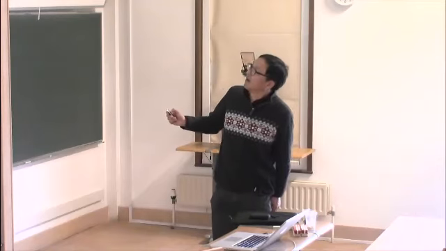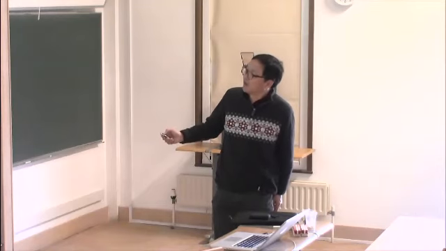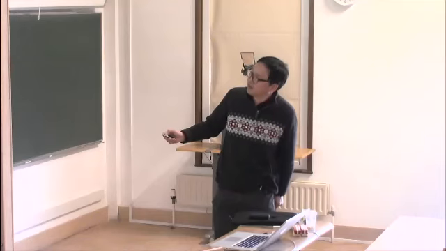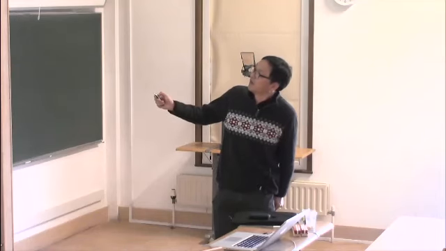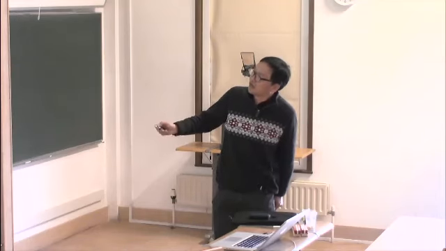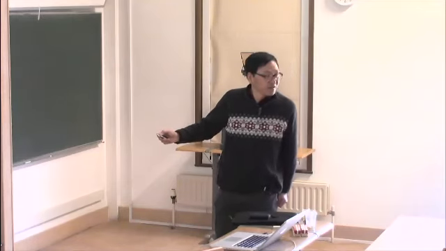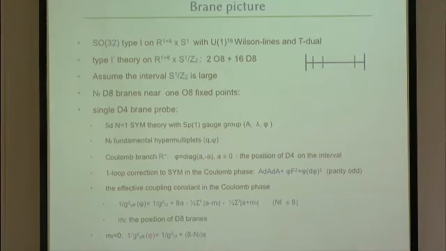And then we go to the symmetric phase, so we make the D4 brane position approach the end of this interval. So A becomes 0. Then the effective coupling constant goes to infinity, and 1 over the coupling constant becomes 0. That's the conformal point Seiberg explored about 1997, so about 15 years ago.